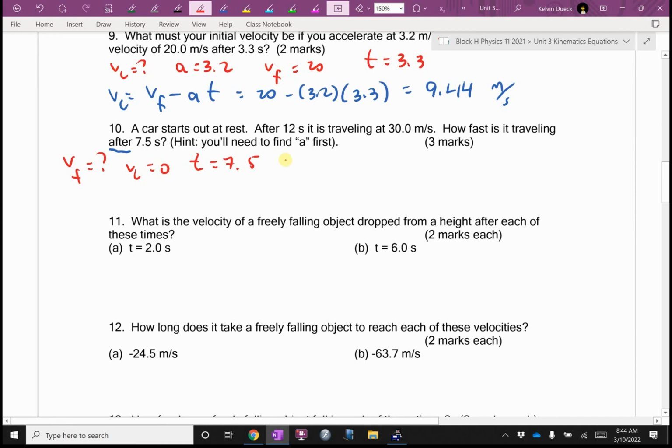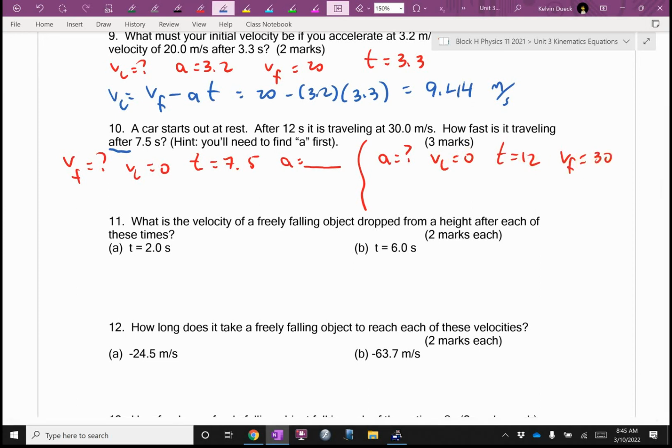I said to myself, you know what? If I could find A, I'm good. So I drew a little line and I said, maybe I can find A. Well, we still started out at rest, but they told me that when T is 12, VF is 30.